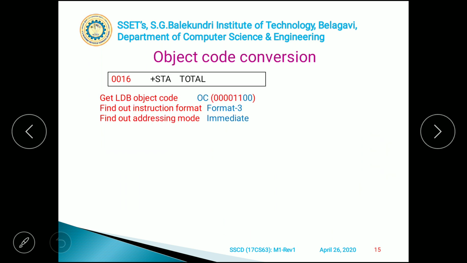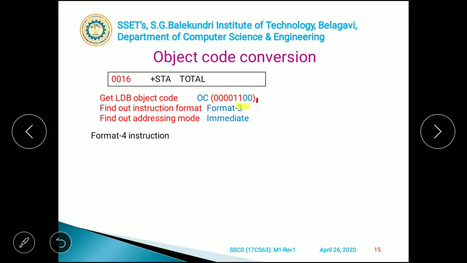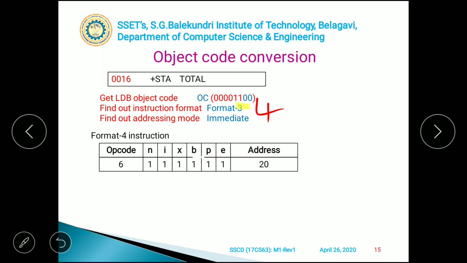Okay, so this again, I'm sorry, here this is not correct, it should be a 4. This is what happens when you copy and paste, so this should be format 4. Okay, so now you can see this is a format 4 instruction, and in this the total address is 01790, so that's directly taken as the address.